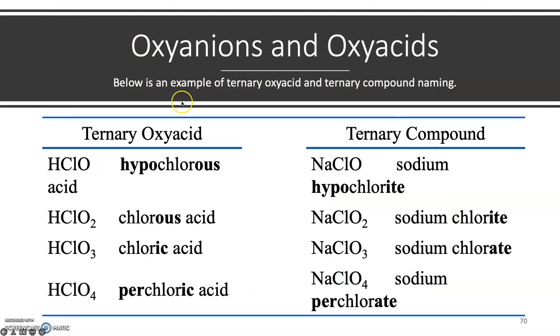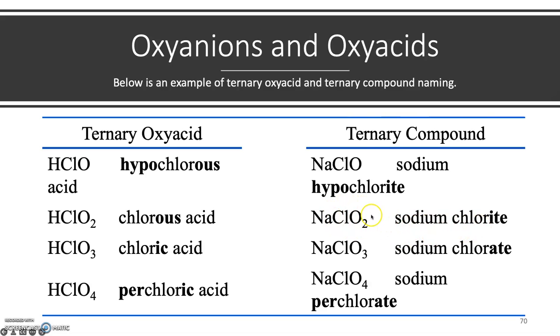Here's a list of names of oxyanions and oxyacids. So you can see ternary oxyacids for when chlorine combines with oxygen and hydrogen, or ternary compounds such as NaClO, which is sodium hypochlorite, or NaClO2, which is sodium chlorite.